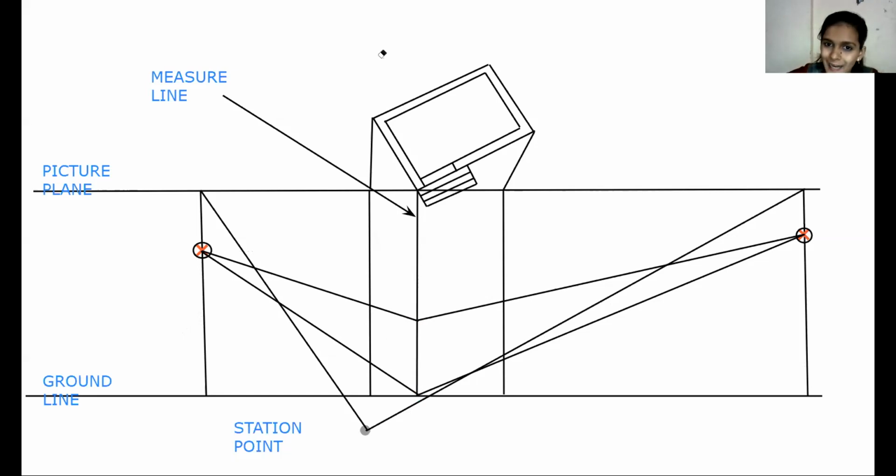And again, I'm going to highlight this. This is the only plinth level. I'm showing it with the red color. And up to this, how to draw a perspective view, I have already mentioned in part 1.